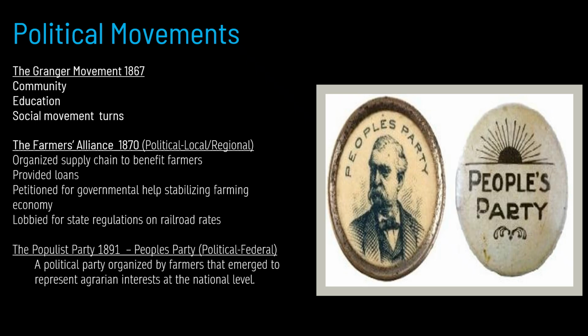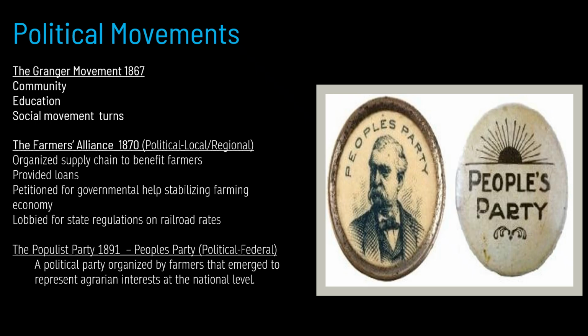After years of struggling, railroad rates were high, so when they could actually produce stuff to sell and move east, it was too expensive, and the railroad rates weren't being regulated. So the farmers begin to realize that they all need to pull together. They need to work together to get anything done. So this is going to create the Granger movement in 1867.